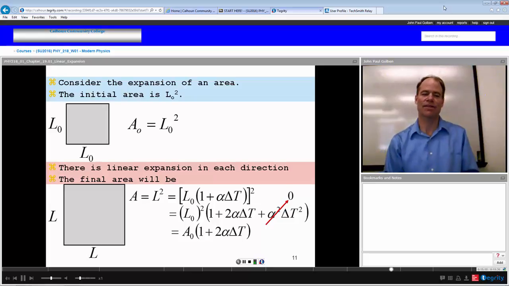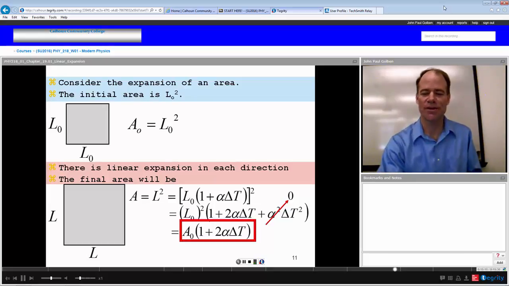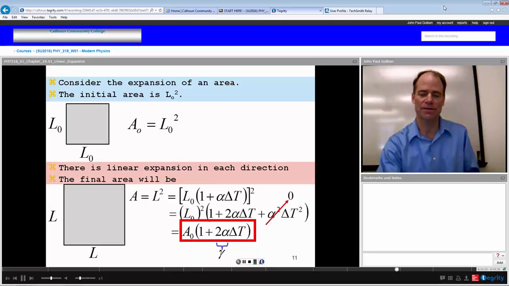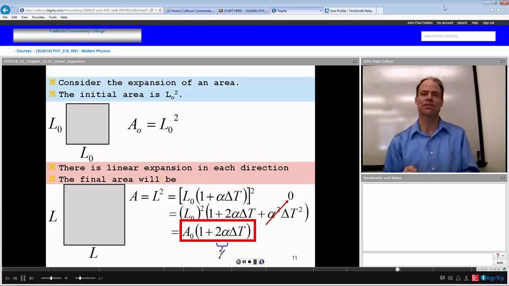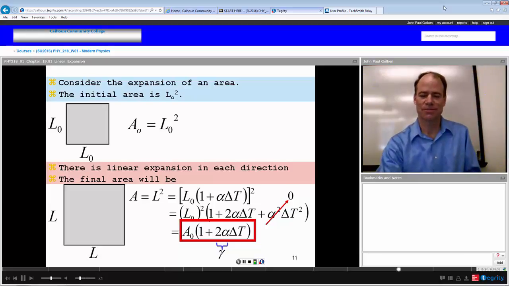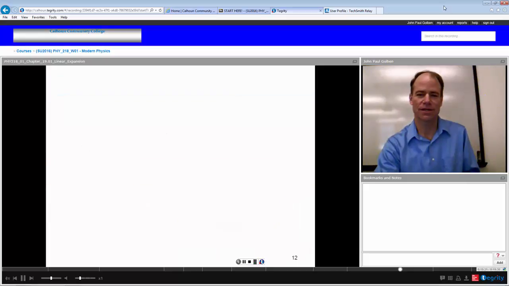So we have that the area is equal to our original area, L naught squared, times (1 plus 2 alpha delta T). So for area, our expansion coefficient, which we call gamma, is actually equal to 2 alpha, where alpha was the linear coefficient. Very good.